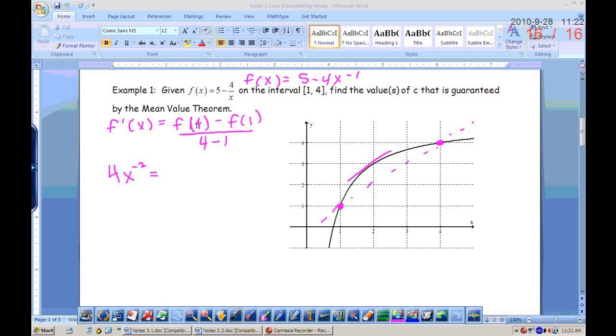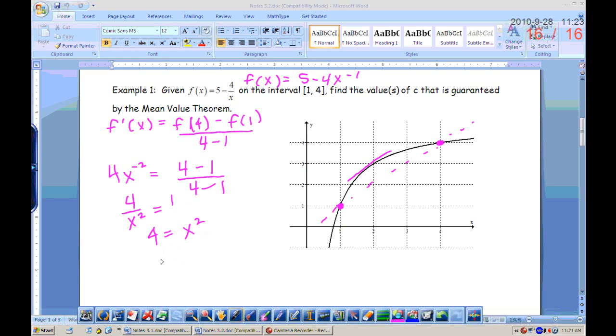All right, equals f of 4 is what? 4. F of 1 is 1. All right, so 4 over x squared equals 3 over 3, which equals 1.